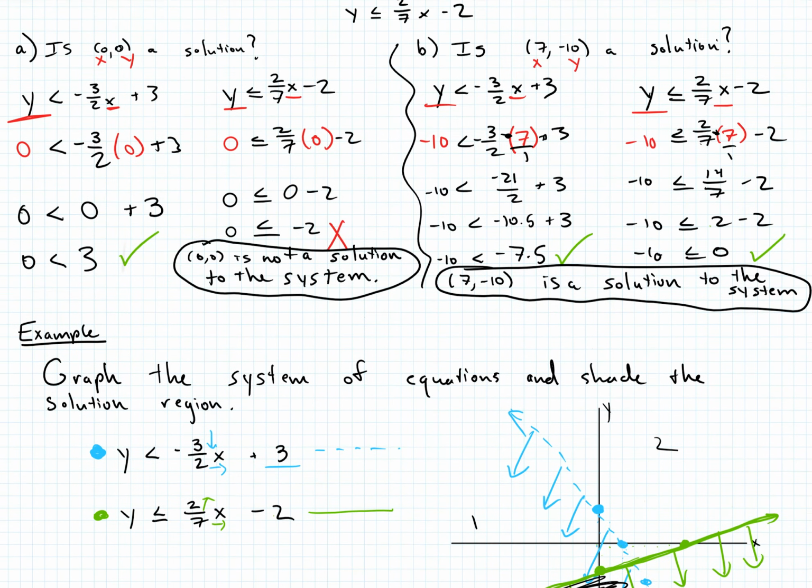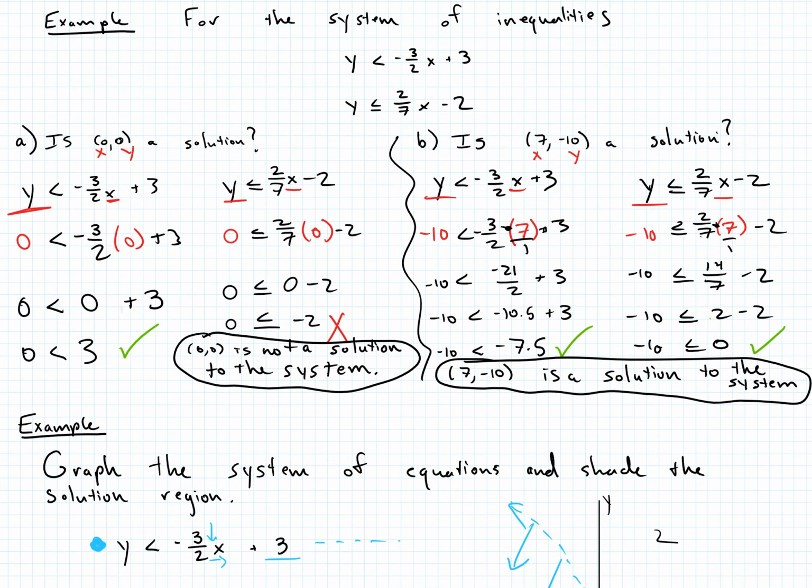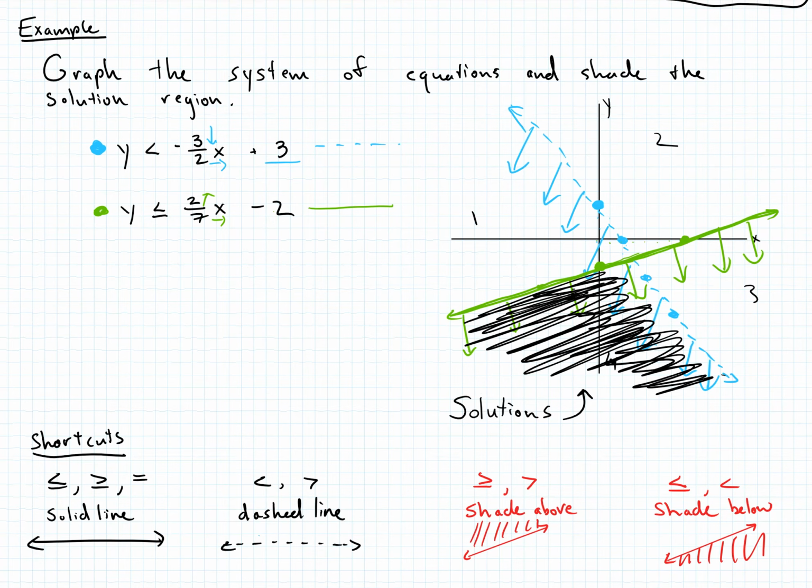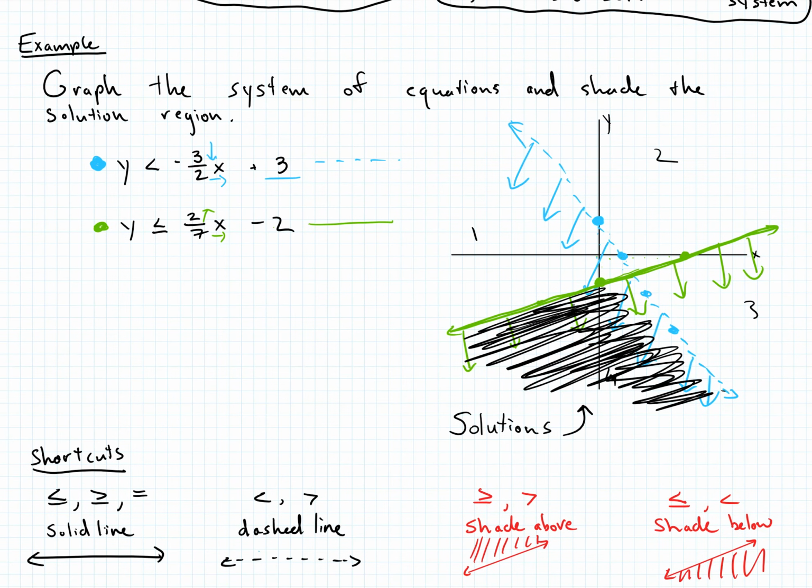Let's test it out. We said that 7, negative 10 is a solution to this system. So coming down here, let's find 7, negative 10. 1, 2, 3, 4, 5, 6, 7. And then negative 10. 1, 2, 3, 4, 5, 6, 7, 8, 9, 10. So sure enough, 7, negative 10 is one of the solutions, and it's in the solution region.